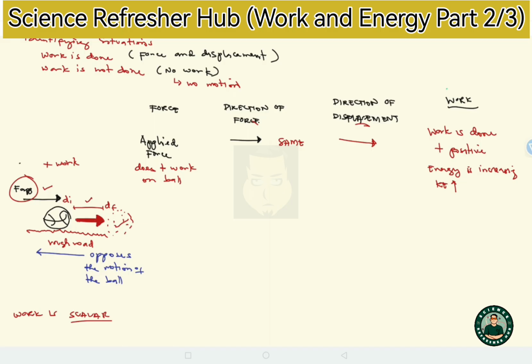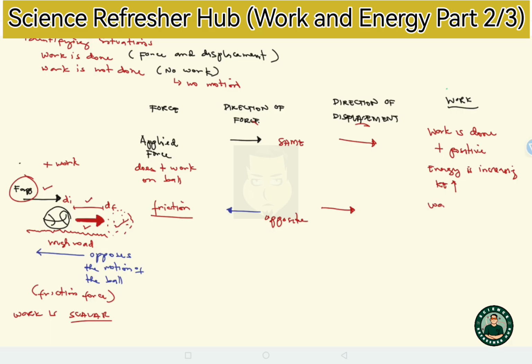We call it friction force. It opposes the motion. So we have friction force here, and the direction of the friction force is going to the left, while the ball's displacement is going to the right. So opposite, not the same.